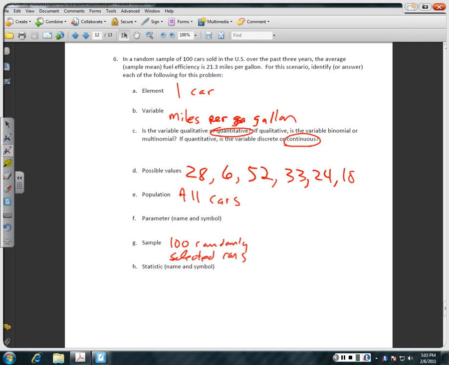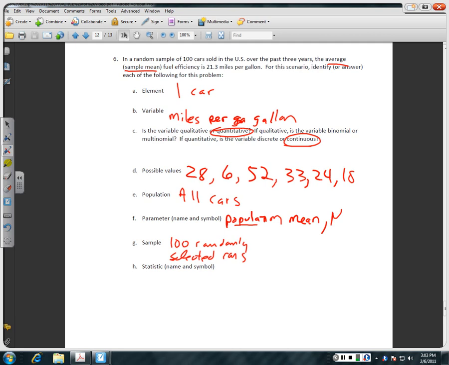Hopefully we'll get there. Well, anyway, the parameter then, we can see we're talking about means or averages. So for the population, we're talking about the population. Always on the parameter, start with the word population. Then we've got the population mean in this one, and that's symbolized by the Greek letter mu.